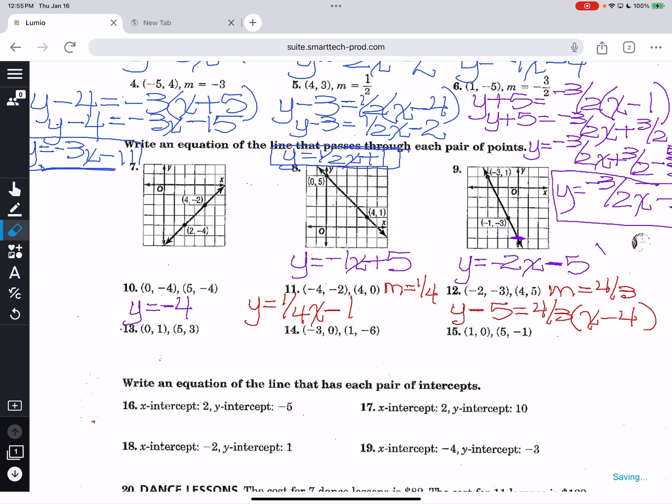Where is negative 5 on the y-intercept? How do I find that? Start at 0 and go down 5. 1, 2, 3, 4, 5. Right here.